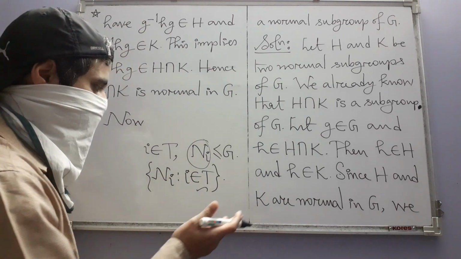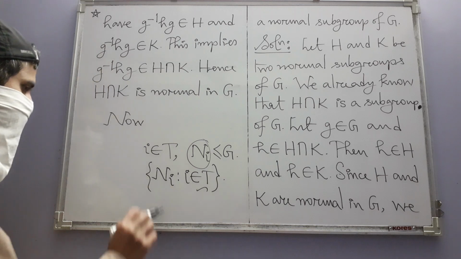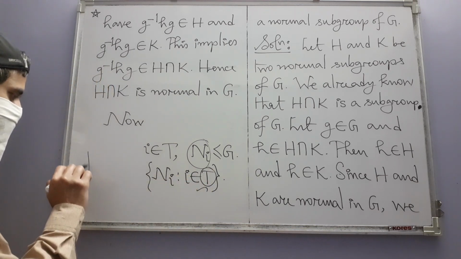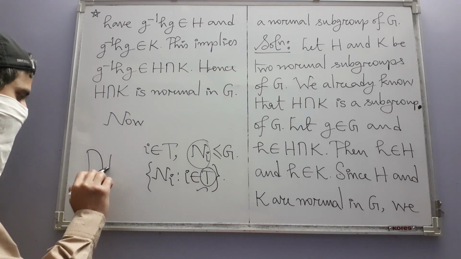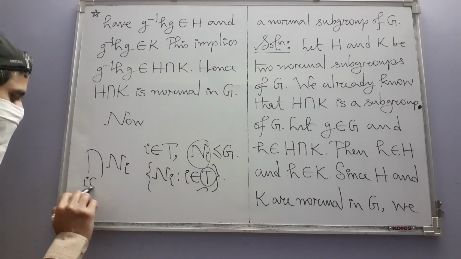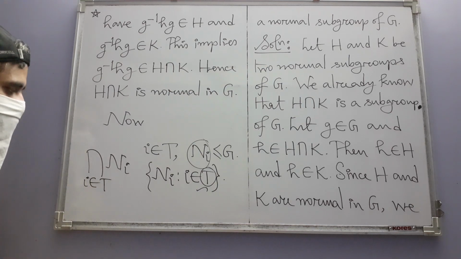I say logical complications because when you have the empty set T, there are some complications that arise when you try to define this intersection.